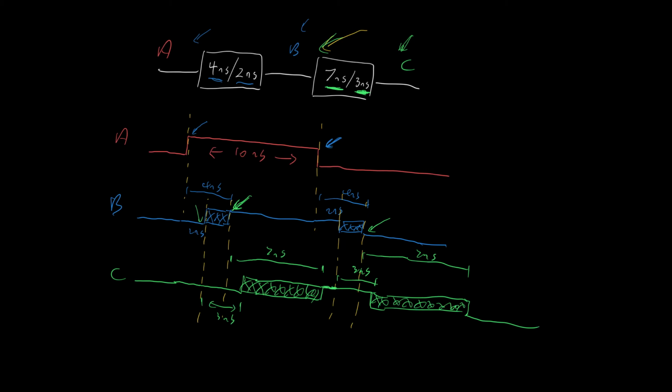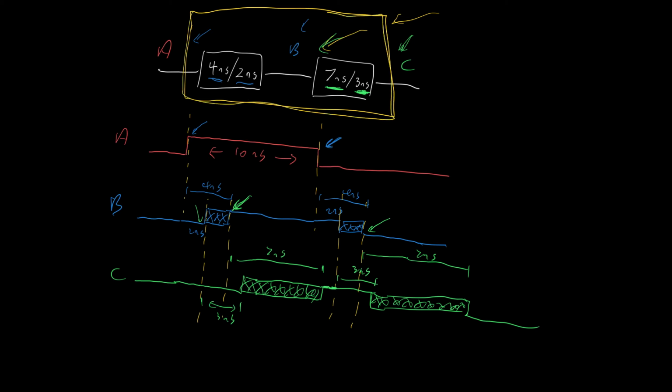We now move on to another related topic. Let's assume that we now form a big logic circuit in yellow out of these two smaller logic circuits. And we want to work out the propagation delay and contamination delay for this big logic circuit.